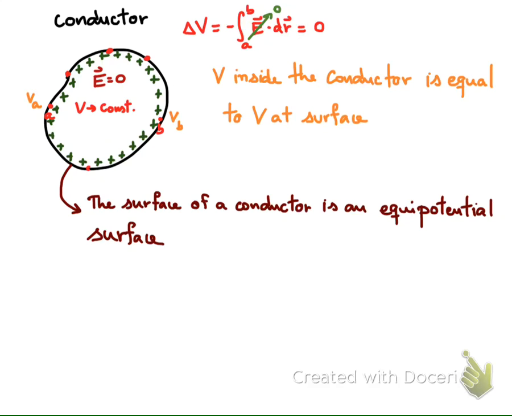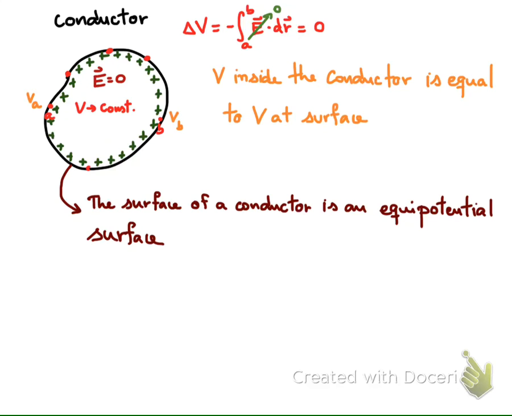An equipotential surface. On the surface of any conductor, the electric potential is equal at every point on the surface and also inside. So we can say that the surface of a conductor is an equipotential surface.